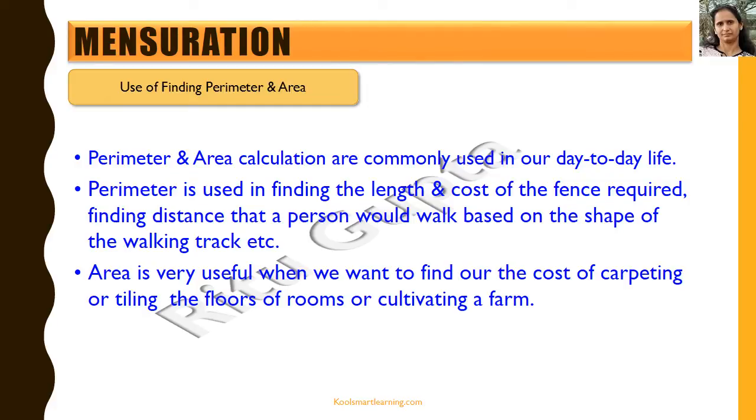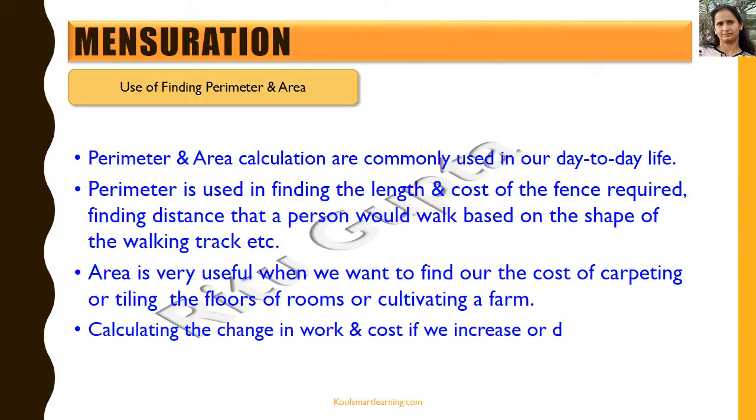And again, if you want to cultivate a farm, you want to find out what is the area of the farm and what will be the cost involved. That can be found based on finding the area of a particular shape. Again, if you have a farm and you decide that only a part of it you want to cultivate, so there is a change in the work that you have done, the amount of work has reduced.